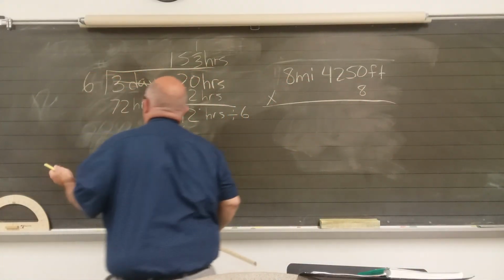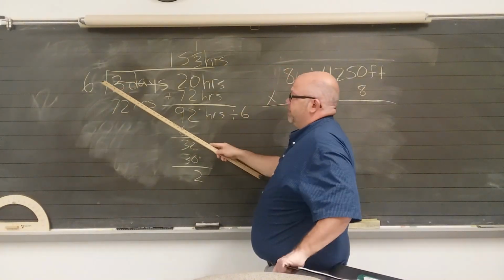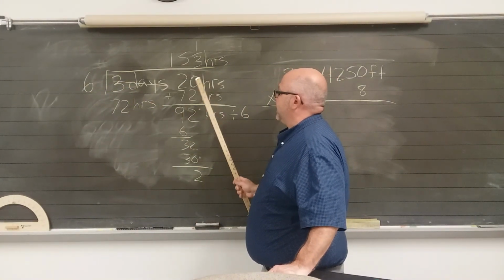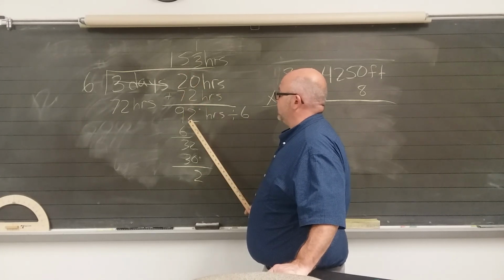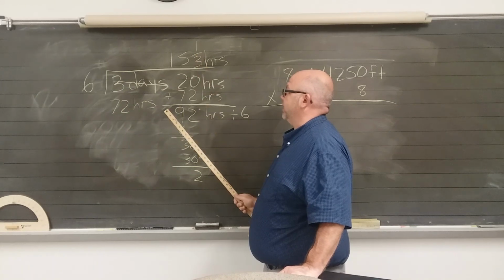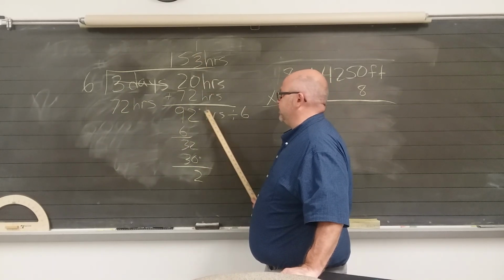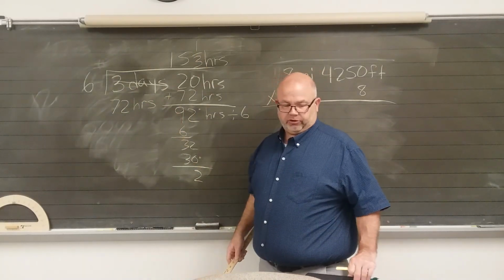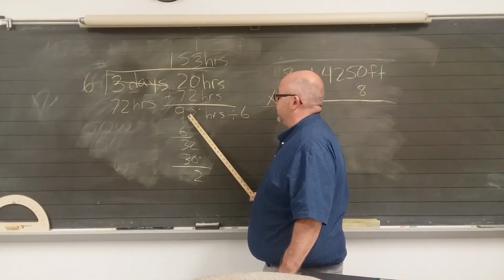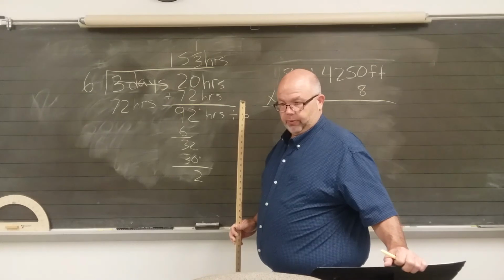Okay? You cannot do 3 divided by 6, so just turn the days into hours right away. Add the hours to the hours that you have. Divide that number by 6 to get your answer. Don't forget, you're dividing this number here by 6. It can be a little confusing because the number you're dividing is way down here, not up here somewhere. Okay? That is how you do that one.